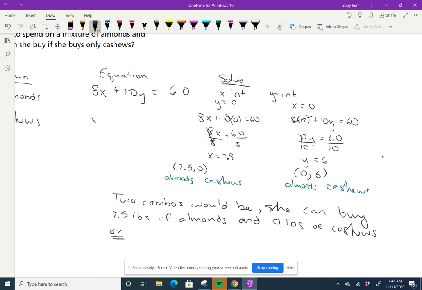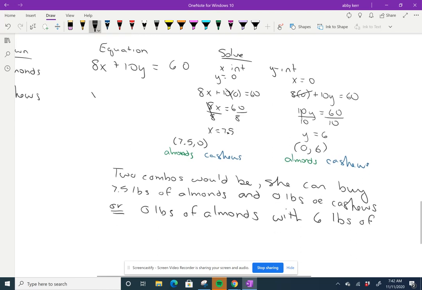Or, so this goes to the next ordered pair, 0 pounds of almonds with 6 pounds of cashews. So we're just writing out in words what each ordered pair really means.